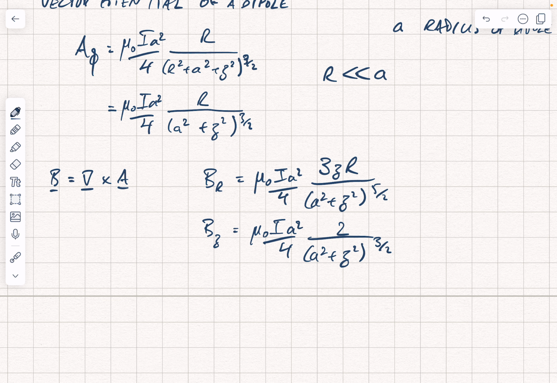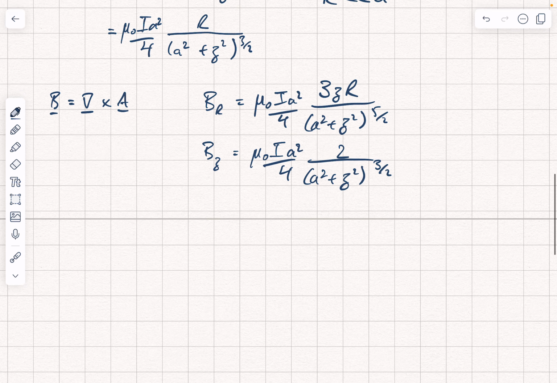If we look at that, what we can see is that if we are near the axis, i.e. r is small, then B_r is going to be quite small generally, certainly when r is equal to 0. So on the axis we'll be entirely axial, and we're going to explore what happens as we integrate over the entire solenoid to see how that behaves.